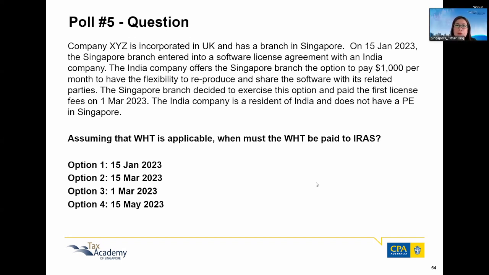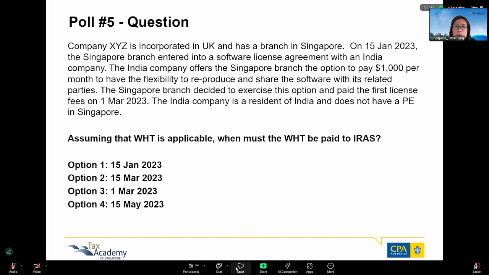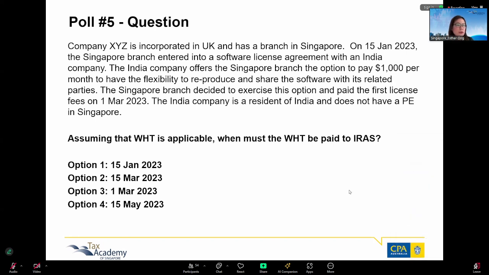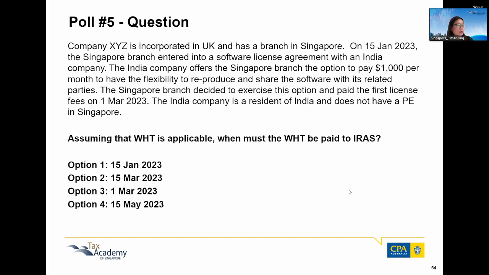Thanks. Okay, in the chat box, there's a question from Chia Kiong. Can you give an example that applies to the foreign source interest income stream? I think he is referring to the very first example that I covered this morning. Foreign source interest income, so stream 2. All those examples that I have gone through for section 12.6 are stream 2 type of example.